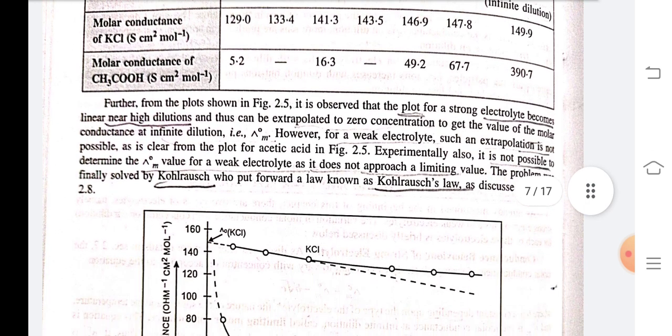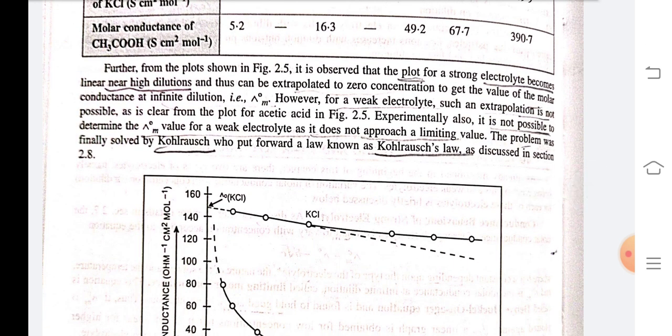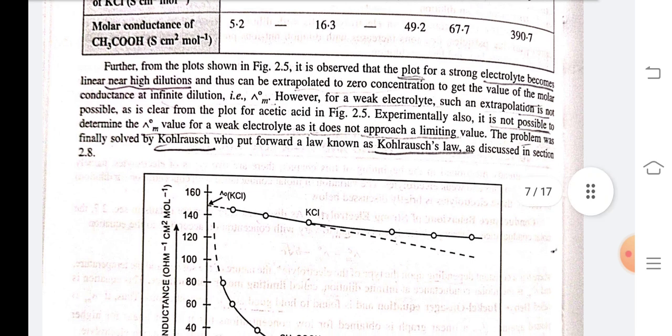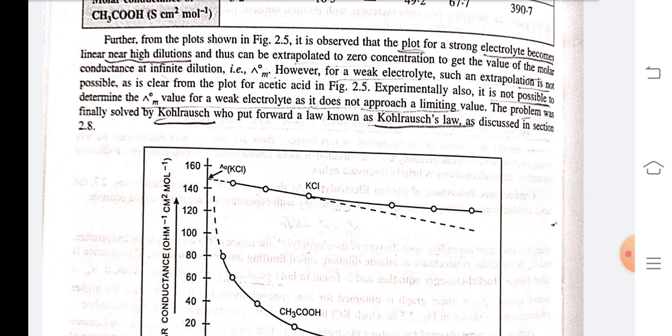Further, from the plot shown in figure 2.5, it is observed that the plot for a strong electrolyte becomes linear near high dilution and thus can be extrapolated to zero concentration to get the value of molar conductance at infinite dilution, that is Λ°m.